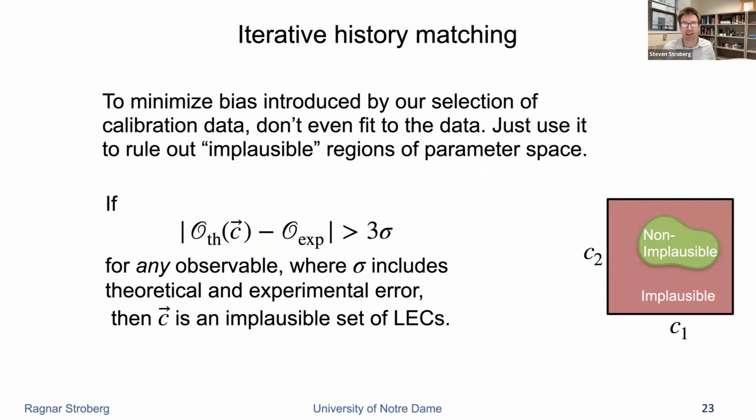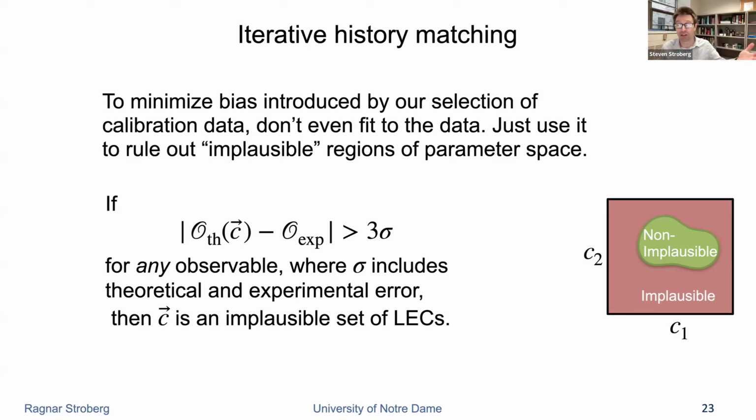And so 3 sigma is enough that for the most part, I can't remember exactly, you're in the 99% percentile type thing. And so if it's beyond 3 sigma, it probably is an unlikely point. This is probably not just a fluctuation.